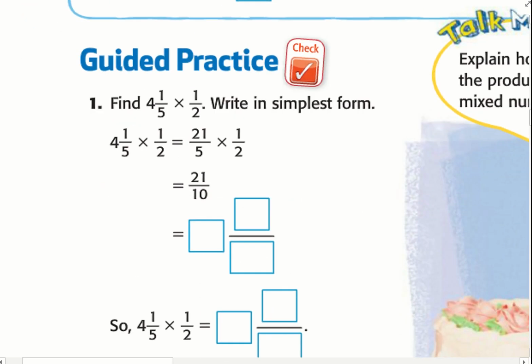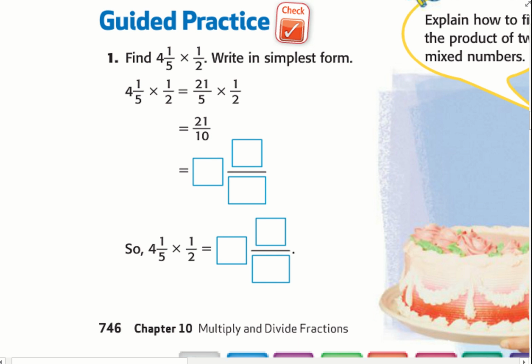So go ahead and try the guided practice. I'm going to do this with you. So they changed 4 and 1/5. 5 times 4 is 20, plus 1 is 21. So we have 21/5 times 1/2. So 21 divided by 10, I'm going to have 2, remainder 1.